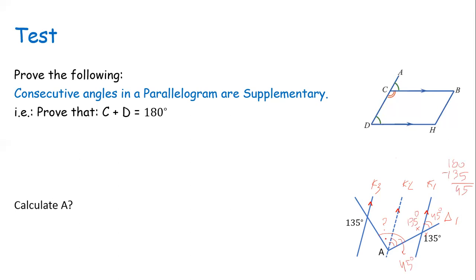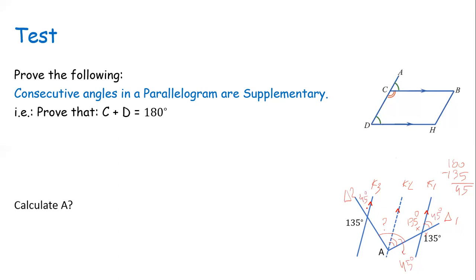Now we need to calculate this one, the small angle here between K2 and delta 2. How do we do that? Similarly, here we have 135 and this angle here are supplementary. So this angle here is equal to 45 degrees.